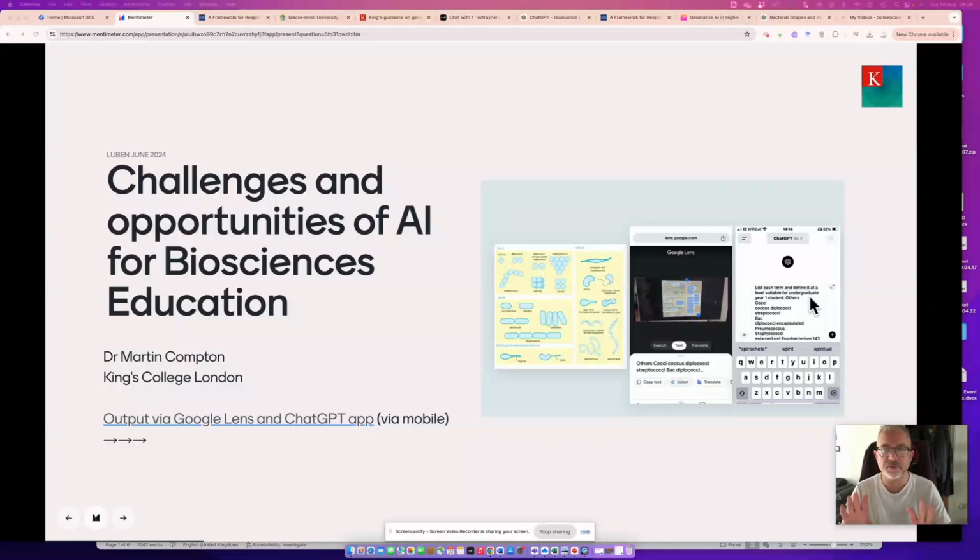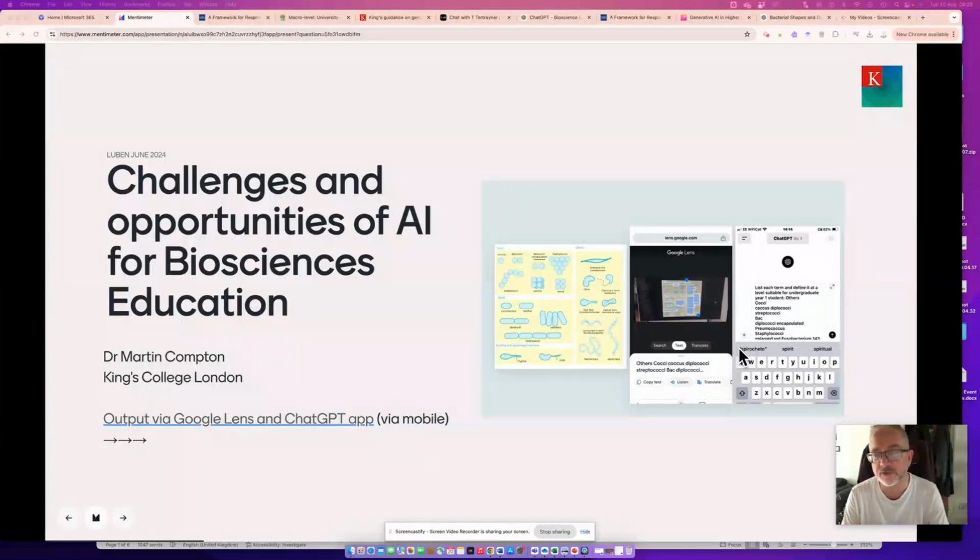And I started my presentation with an example that my daughter brought home from school. She showed me this image and said, I don't know what I'm looking at here. And I said, well, I'm not a bioscientist, I don't know anything about this. So we used Google Lens, AI that's built into most of our phones, and scanned it.